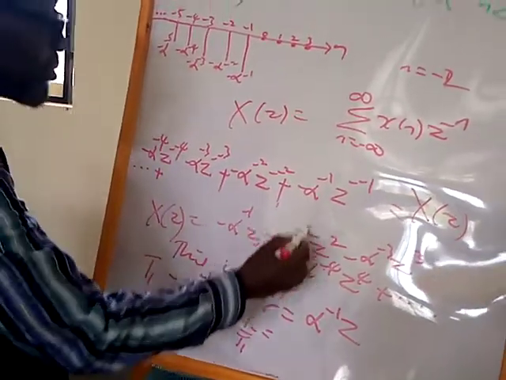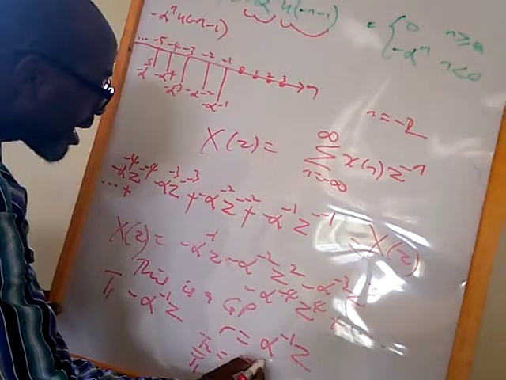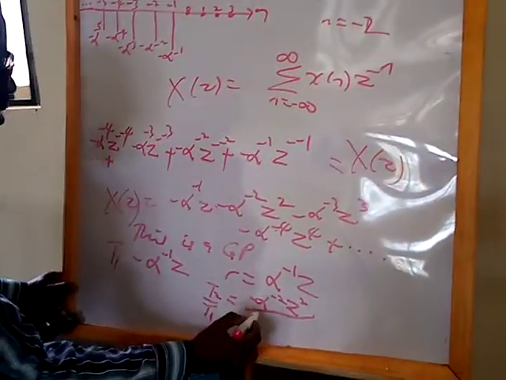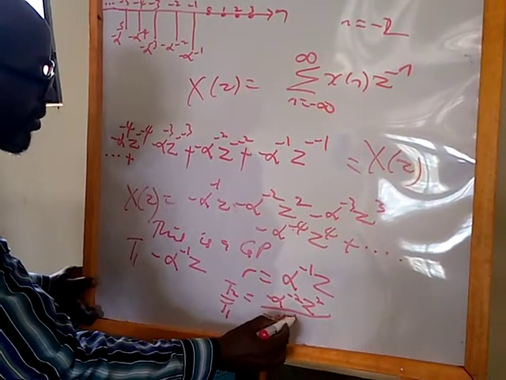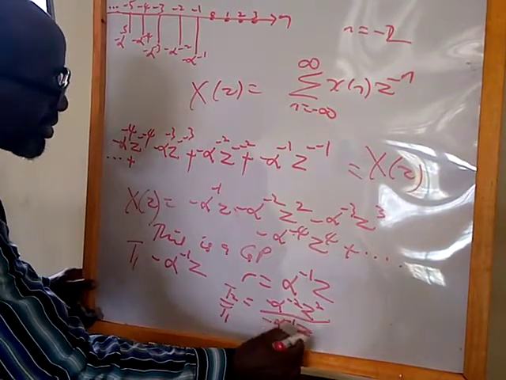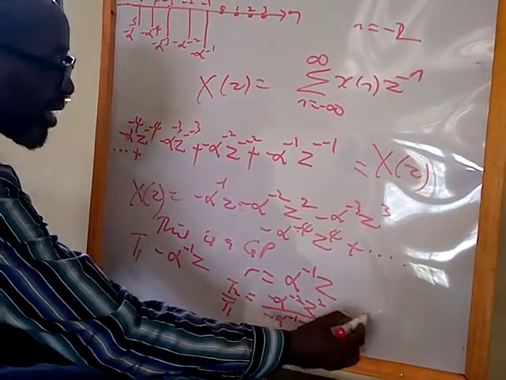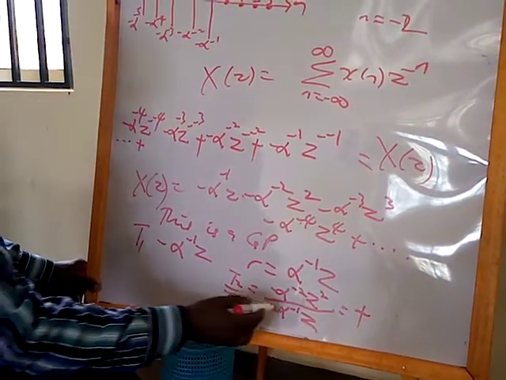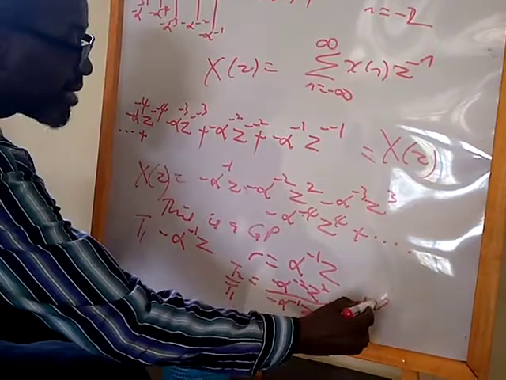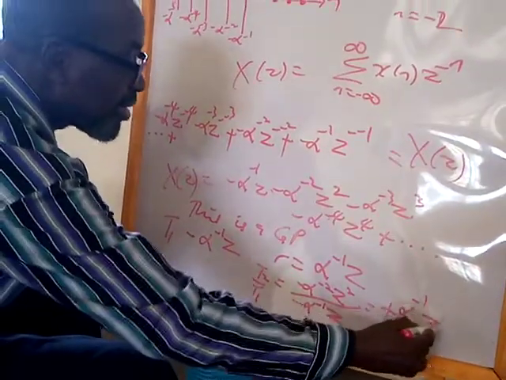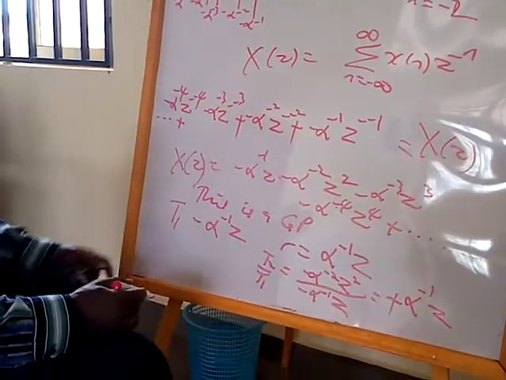What is T2? Minus alpha minus 2, z squared. What is T1? Minus alpha minus 1 z. If you divide this, minus will cancel minus, you are going to have plus. Alpha minus 1, alpha minus 2, it will remain alpha minus 1 on top. Z squared, it will remain z on top. So that's how to get to your common ratio.